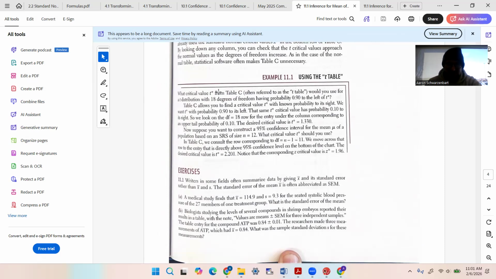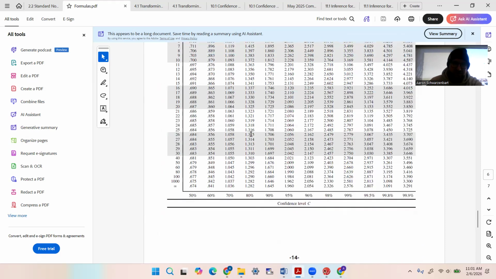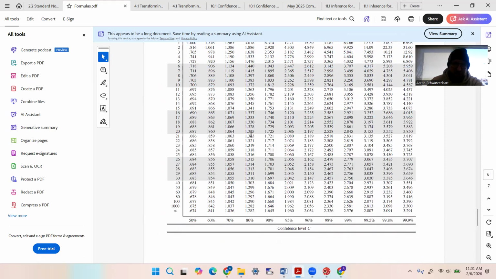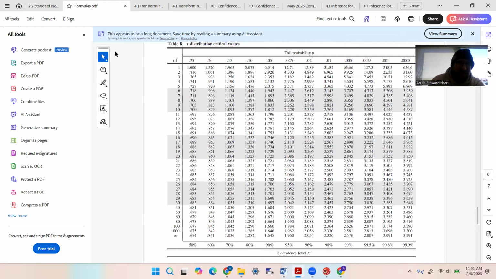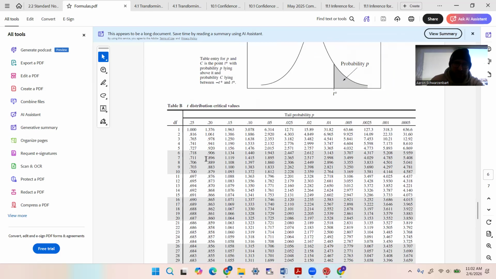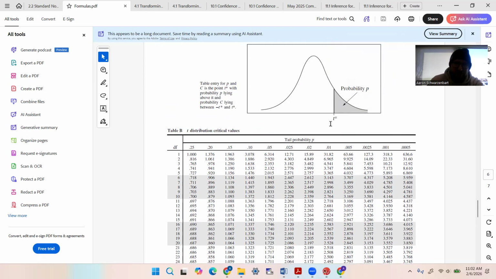What critical value t star from the t table would we use for a distribution with 18 degrees of freedom having a probability of 0.9 to the left of t? So I go to my t-table. 18 degrees of freedom. You're going to see that the t distribution is always to the left here. So 0.9 to the left means 0.10 in the tail.